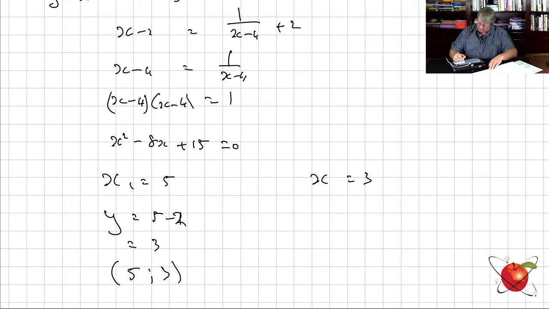And over here, x equal to 3, 3 minus 2. Let me just check myself there. Yeah, 3 minus 2 is 1, and my coordinates are 3 and 1.